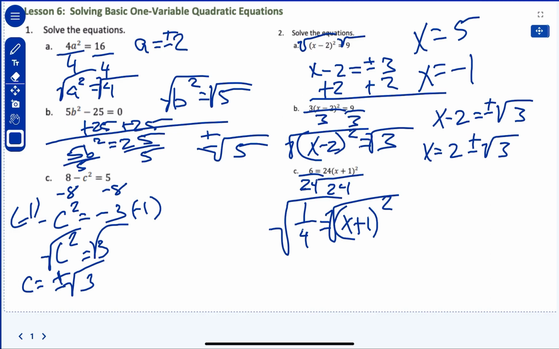What is 1/2 times 1/2? It's 1/4. So the square root is 1/2. Okay? So plus or minus 1/2 is equal to x plus 1.